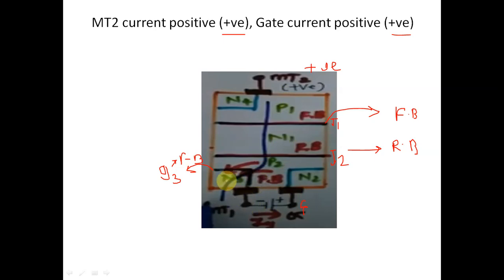Because of this the J3 junction is forward biased, and current flows in the path P1 N1 P2 N3. This is the current path flowing in the mode 1 operation.